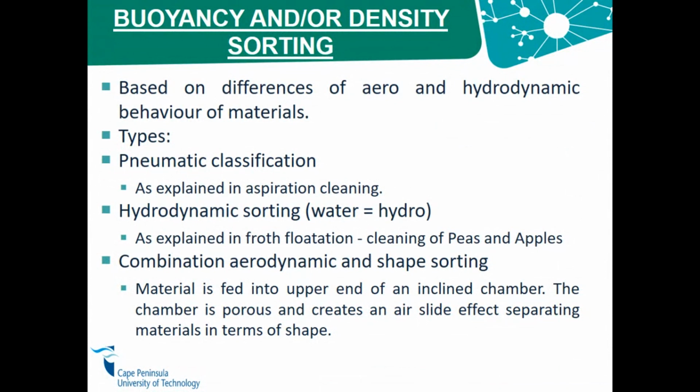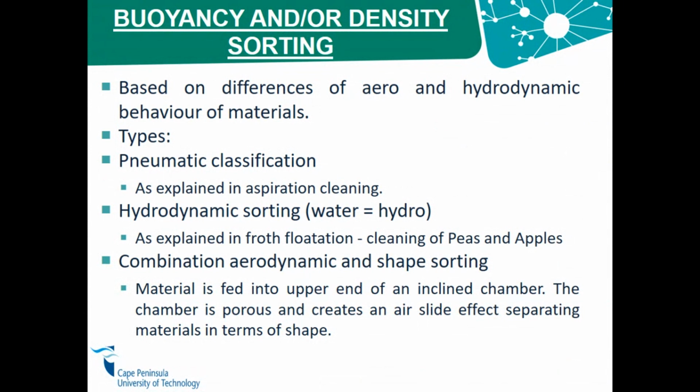So the other mechanism that we can use here is what we call buoyancy or density sorting. So we know that density can be a marker for suitability for certain processes, right? So the density of peas correlates well with the tenderness and sweetness. While the solids content of the potatoes, which determines suitability for the manufacture of crisps and dried products, relates to density.